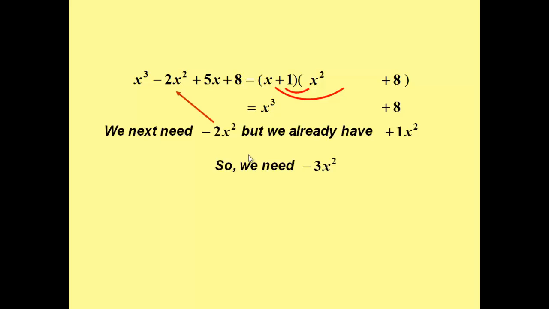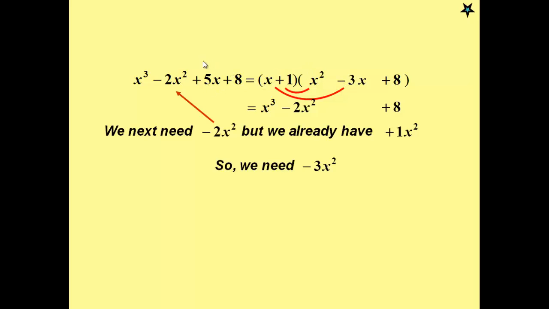So we put minus 3x squared in there, or rather we put minus 3x, so that when it multiplies with the x here we get minus 3x squared. And we now have the right number of x squareds. And that's it. That's how we factorise.